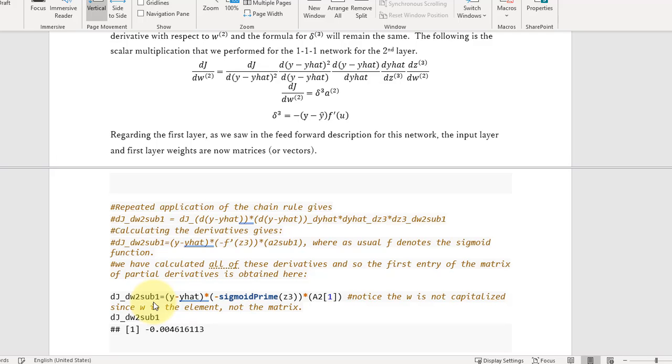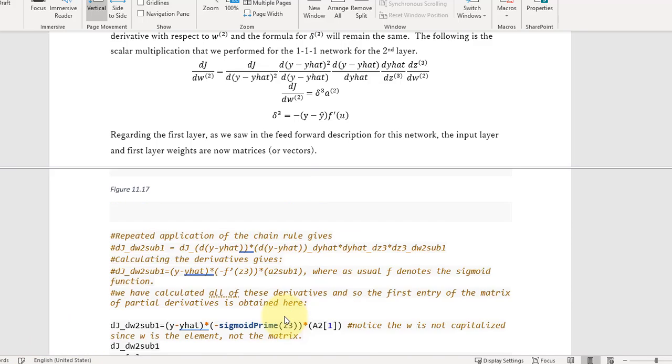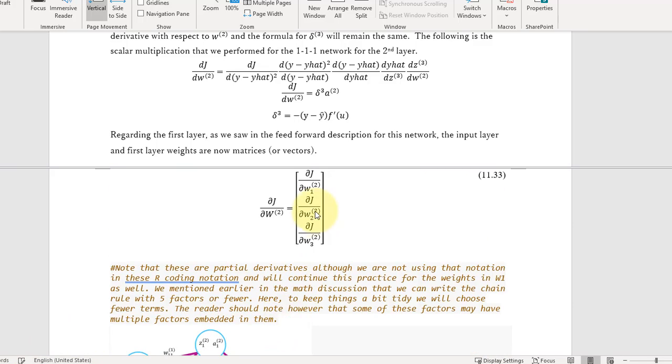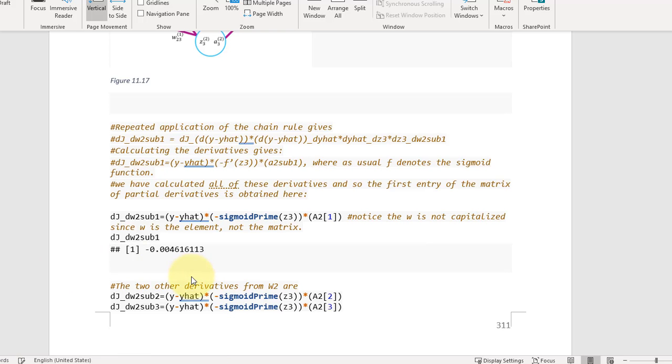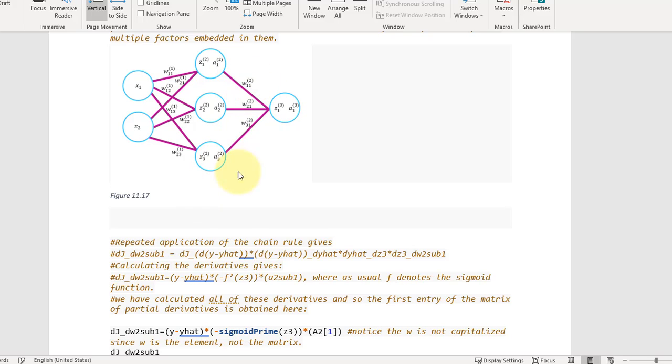So now we have this first derivative. We have the first entry in here. We just calculated this one. Given the current values of all this stuff, we could actually print this out, and this is what we happen to get. Now remember, this is going to tell us how to adjust this weight.